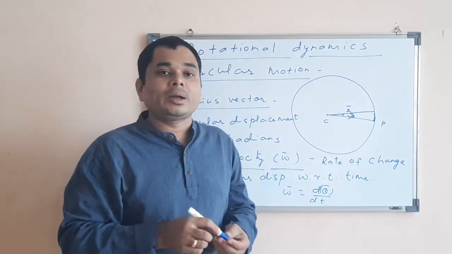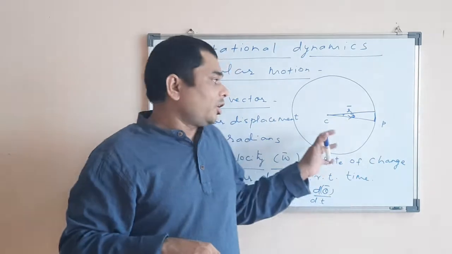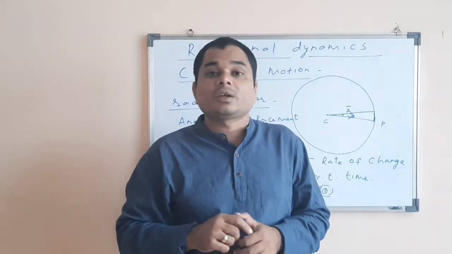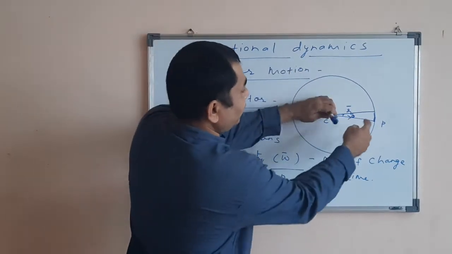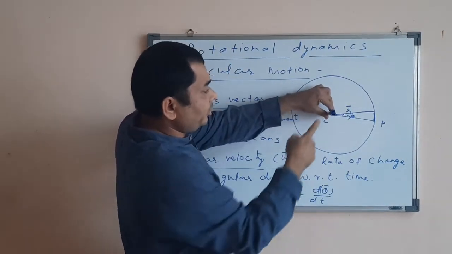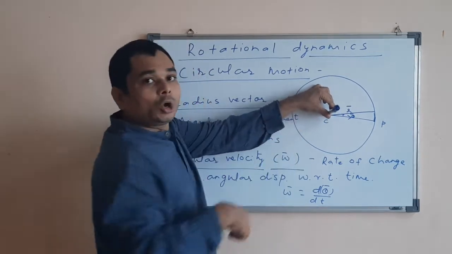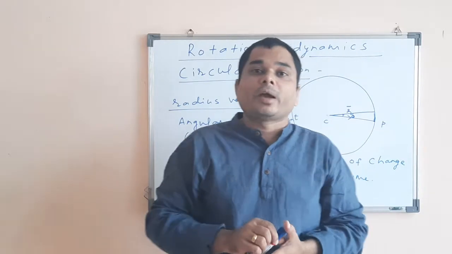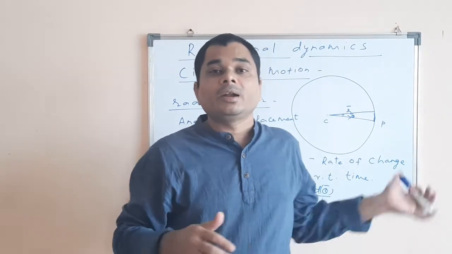Now how to determine the direction of angular velocity? The direction of angular velocity is always along the axis of rotation of the particle. So if this particle is performing circular motion like this, angular velocity is along this axis. Now it can have two directions, either upwards or downwards. The direction of angular velocity is determined by the right hand rule.